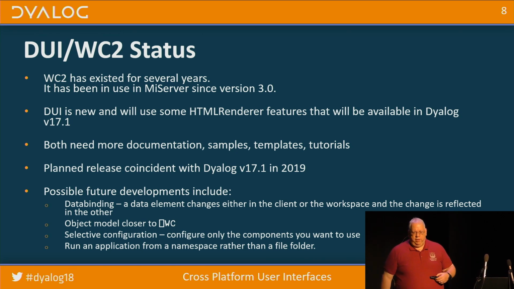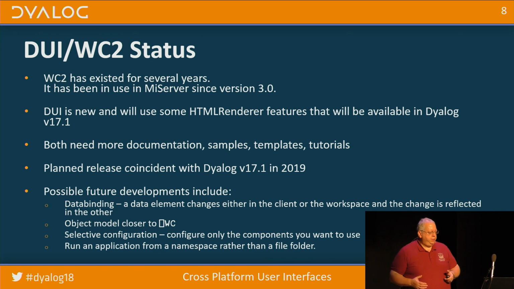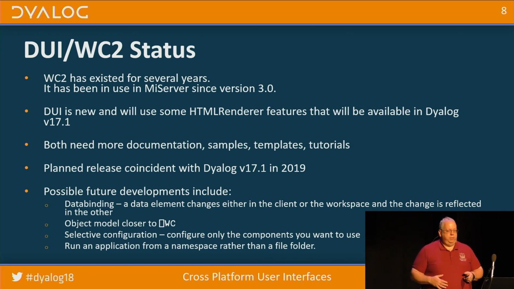So one of our serious efforts in the tools group over the next several months will be to bolster the documentation, the samples, the templates that we provide, and any tutorials. So we would like to release GUI coincident with Dyalog 17.1 next year. And I guess Jay said it's early next year, so tools group, we're going to be busy.